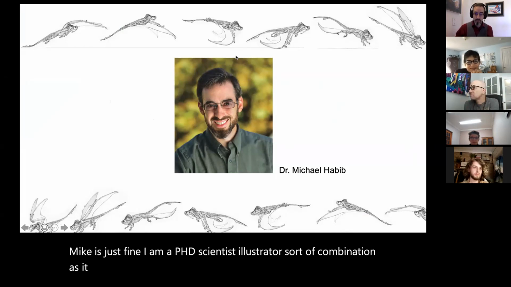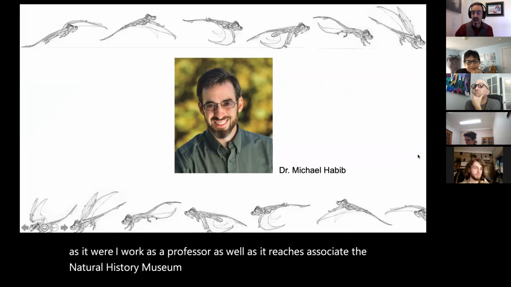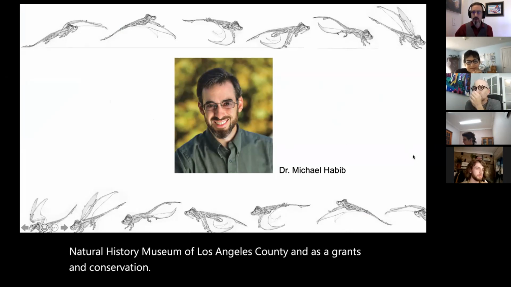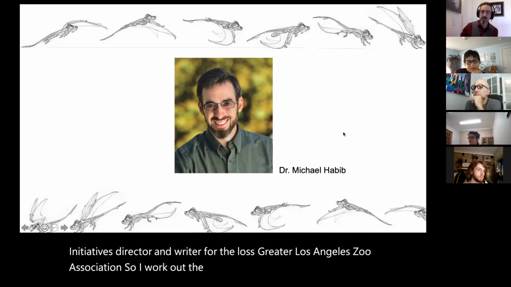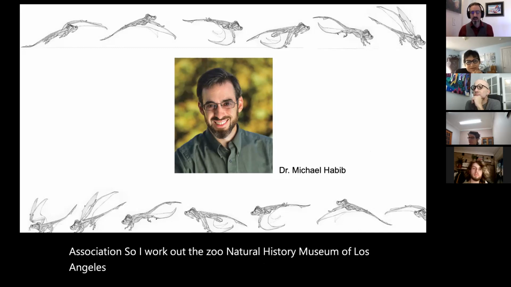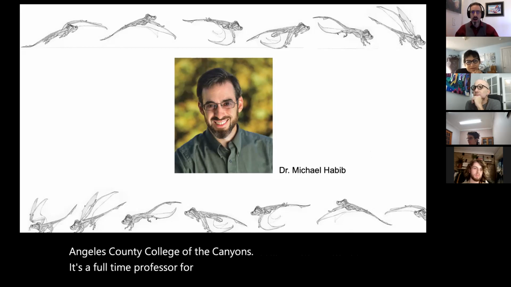I work as a professor as well as a research associate at the Natural History Museum of Los Angeles County, and as a grants and conservation initiatives director and writer for the Greater Los Angeles Zoo Association. So I work at the LA Zoo, Natural History Museum of Los Angeles County, College of the Canyons. I was a full-time professor for many years. Now I am doing that part-time, and a lot of other things.